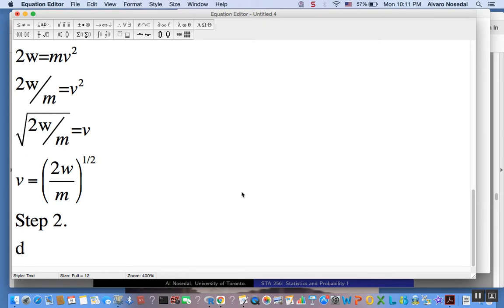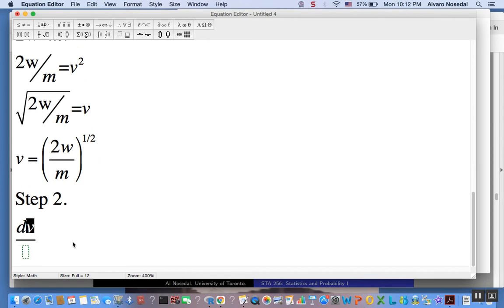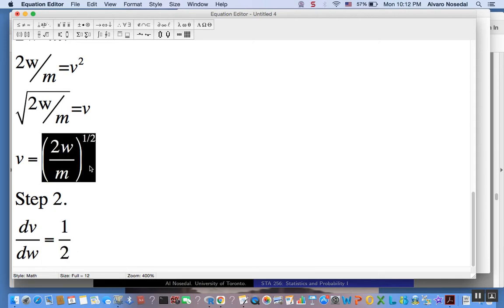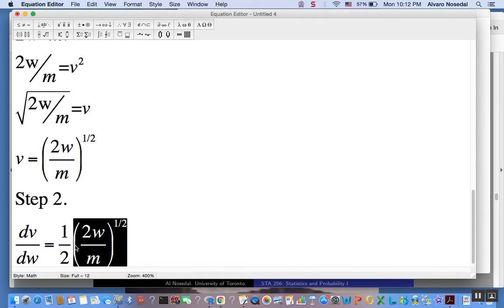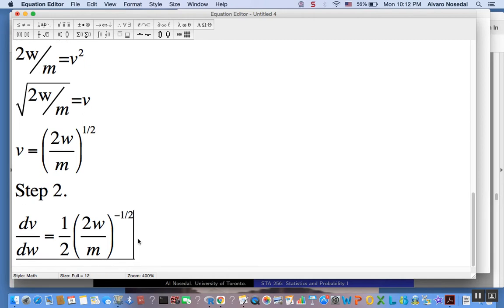So the derivative of v with respect to w is going to be just 1/2 times this to the power 1/2 minus 1, which is just minus 1/2, times the derivative, because we have to apply the chain rule, of this with respect to w, which is just 2 divided by m.